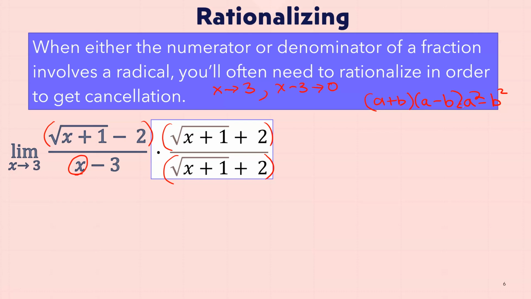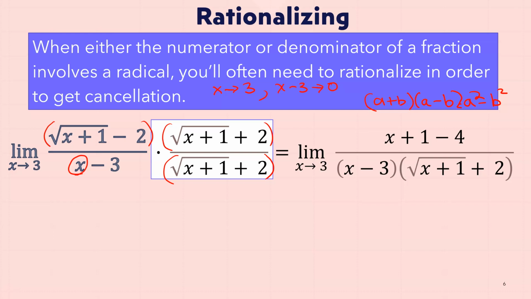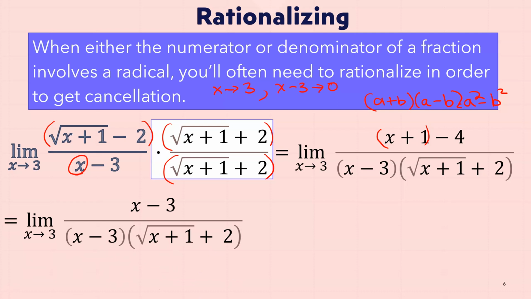That means you get to square the individual terms here, and that is why this conjugate is helpful. It gets rid of the square root individually. So that becomes x plus 1 minus 2 squared, which is 4. Reduce, and you'll just have x minus 3.